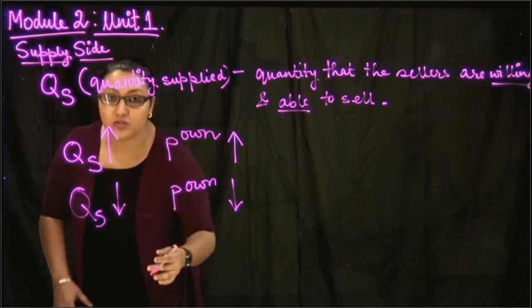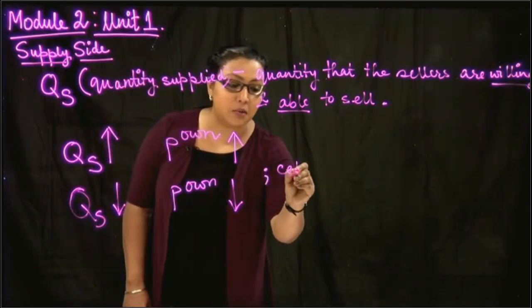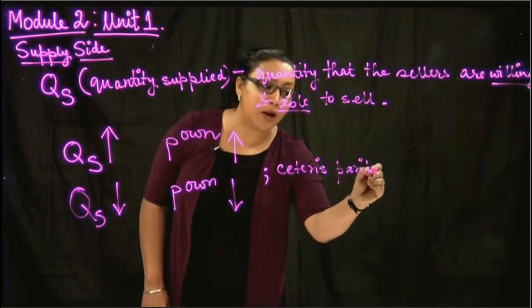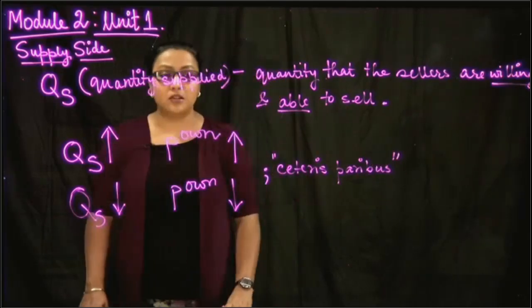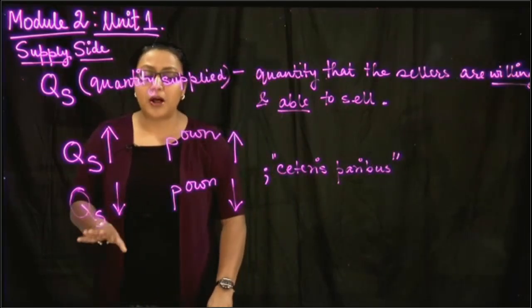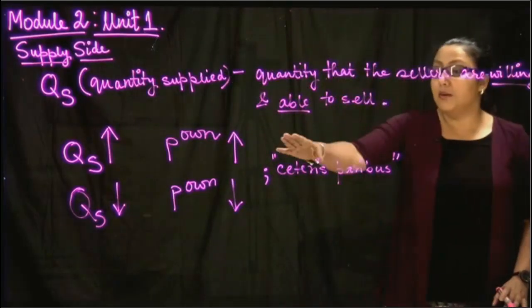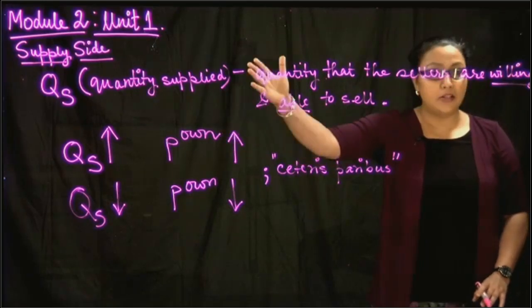Once again, that is just rational for the seller to do, and everything else in the market staying constant, everything else, and now you know that by everything else I am referring to the non-price factors in the market. So the non-price factors in the market staying constant, if the price of the commodity increases, then the quantity supplied increases.